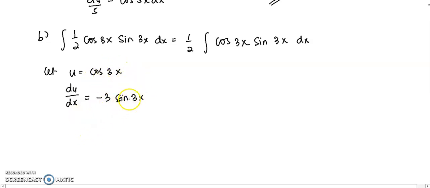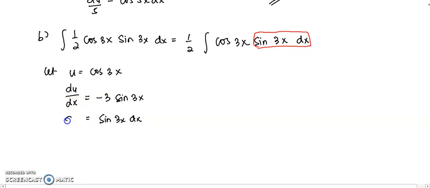From this equation, I can see my sine 3x dx. If I bring the dx to the right, I get sine 3x dx, which appears in my question. You can see that in my integral, I have sine 3x dx. So you can find out what sine 3x dx is in terms of du.